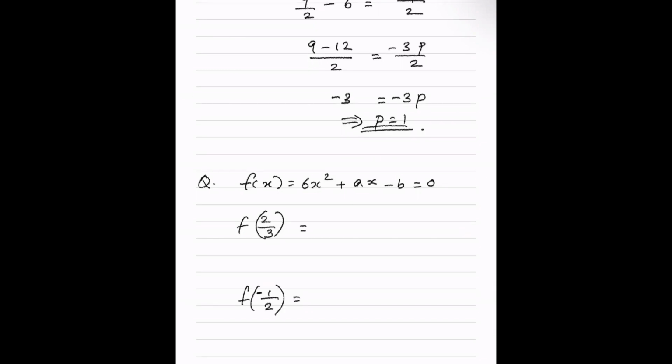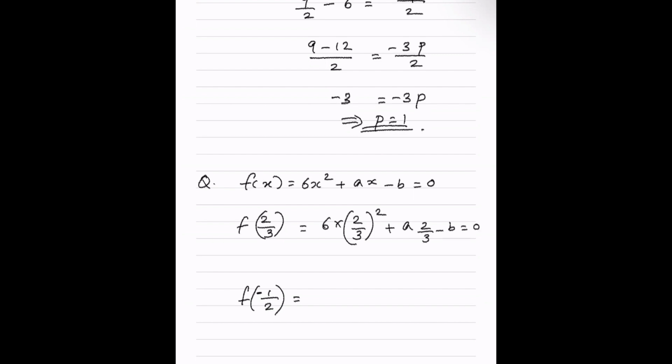If 2 by 3 and negative 1 by 2 are solutions, you have to equate them to 0, right? So this is 6 into 2 by 3 the whole square plus a into 2 by 3 minus b equal to 0.